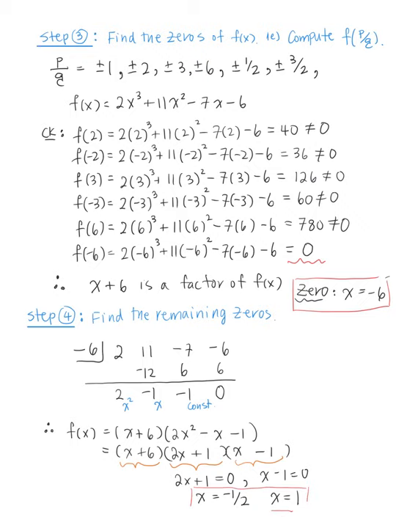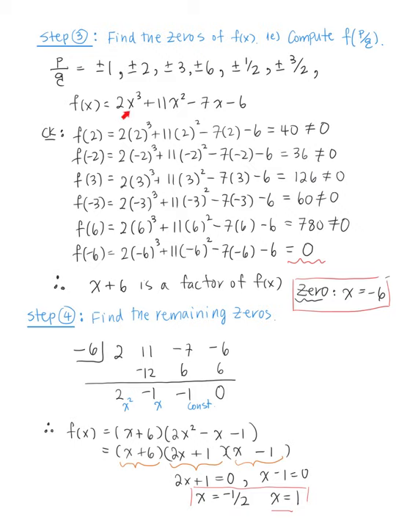Now, you're probably asking, is this right? How do you know that there are no other zeros? Okay, so here is the thing. If the degree of the polynomial is 3, you will have at most 3 real zeros. Now, sometimes you can have 1 real zero and then 2 complex zeros.